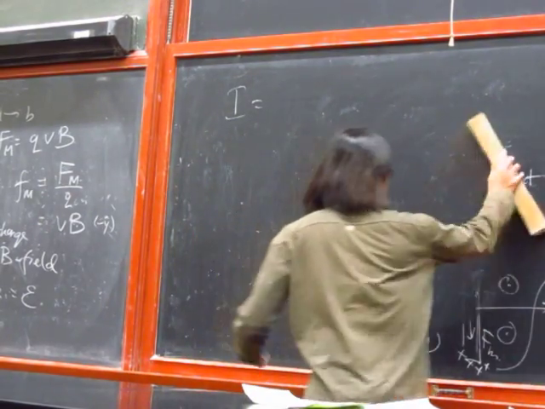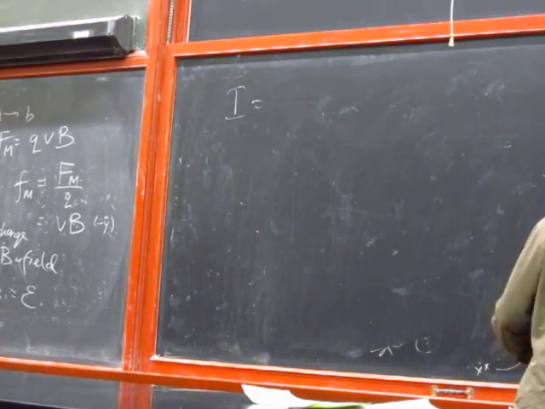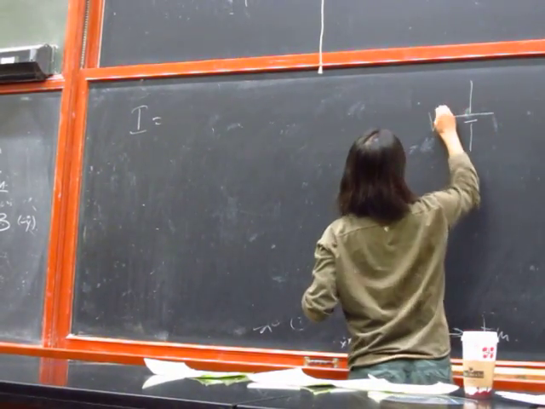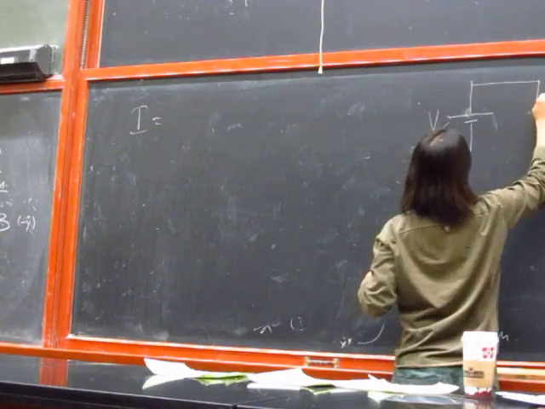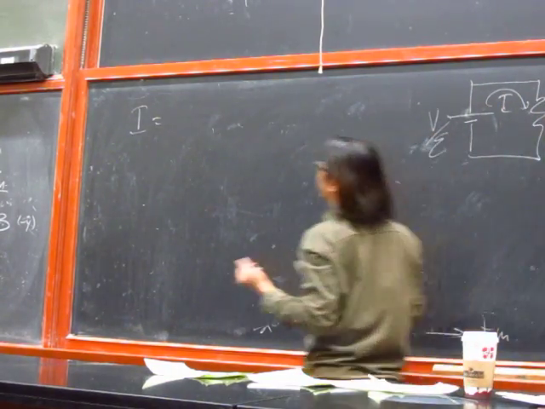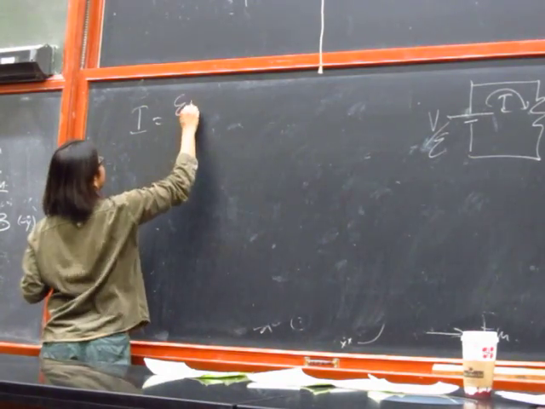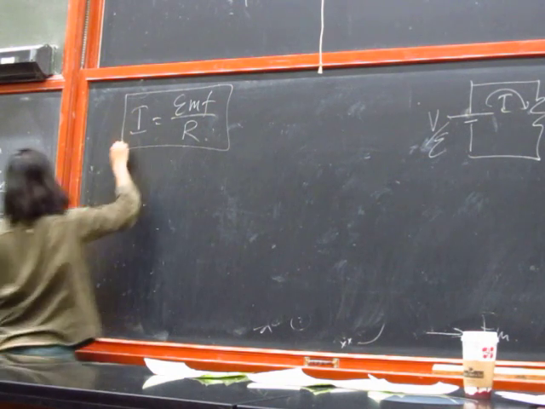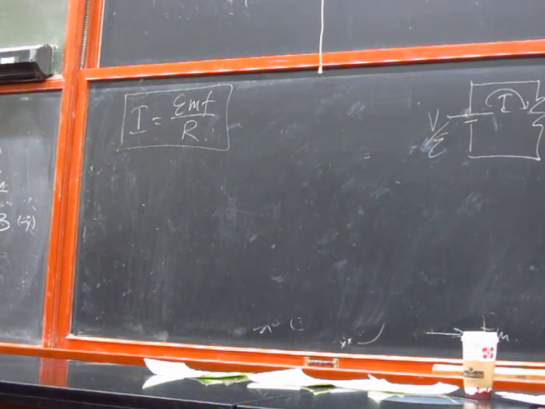In fact, we will get a situation where you have a battery, sometimes also called electromotive force. So current will flow.